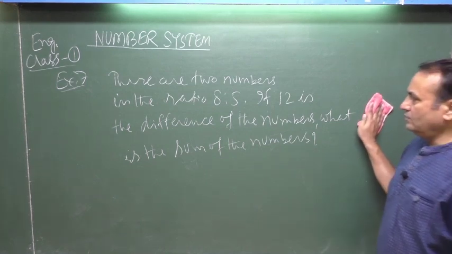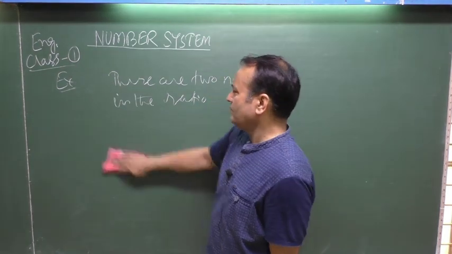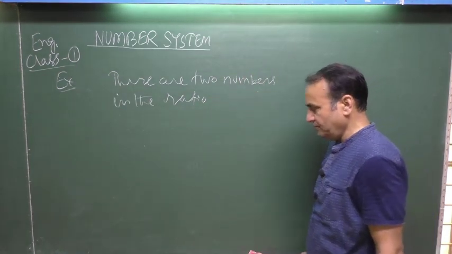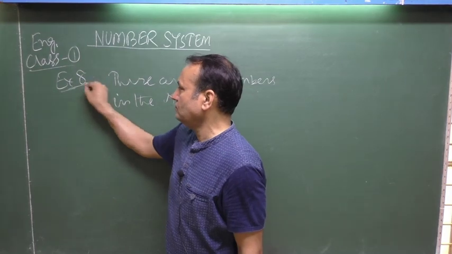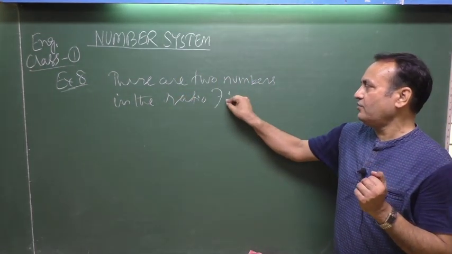Now, next example. Example 8. There are 2 numbers in the ratio 7:4.